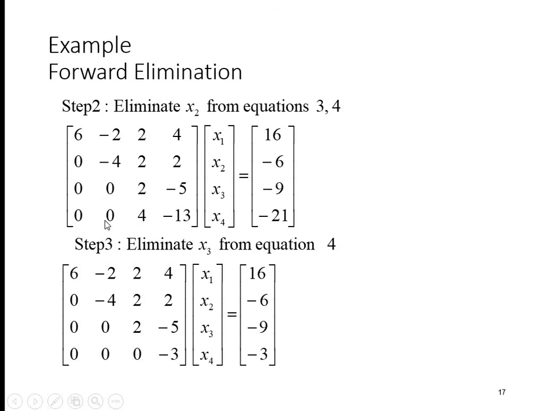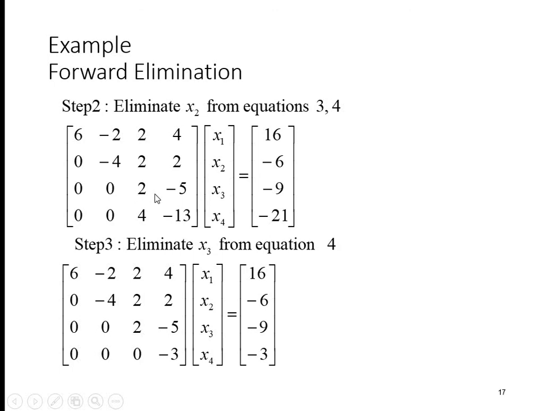Now you have managed to eliminate x2 from equations 3 and 4. Your next task is to eliminate x3 from equation 4. So if you want to eliminate x3, which is this term, you want to make it a 0 from equation 4, you use equation 3.